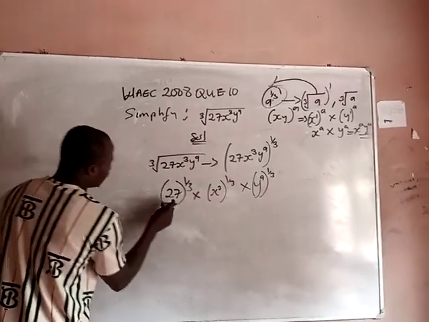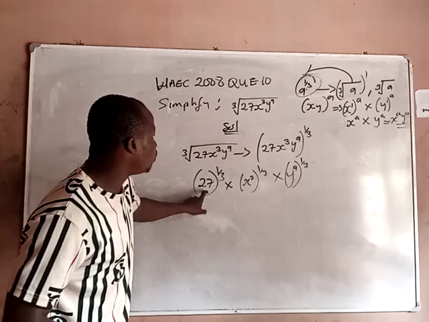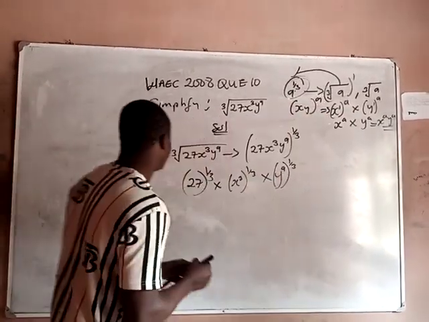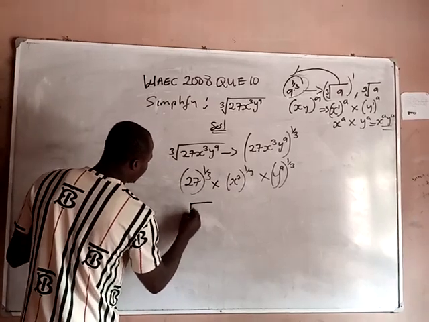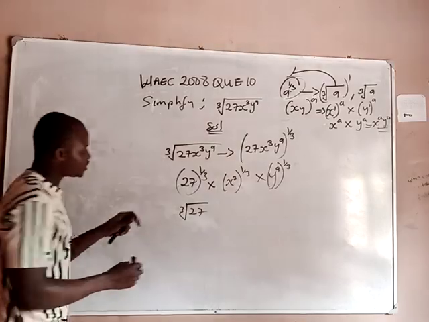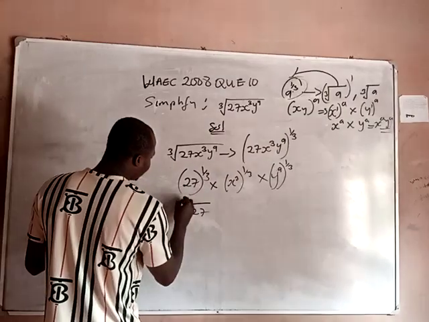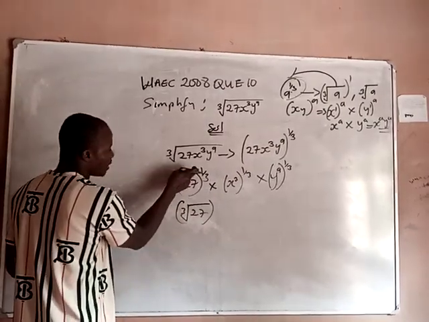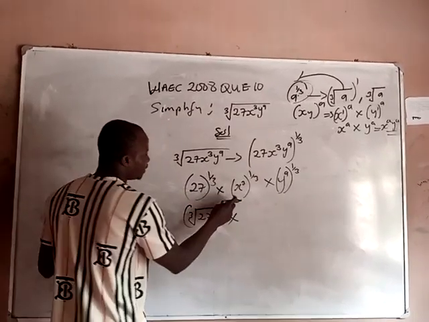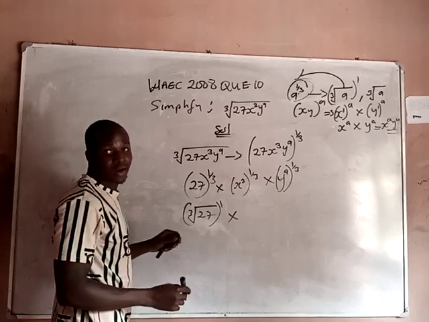Don't forget that this can also turn to the cube root. Now you have the cube root of 27, and for the numerators we apply the power law.